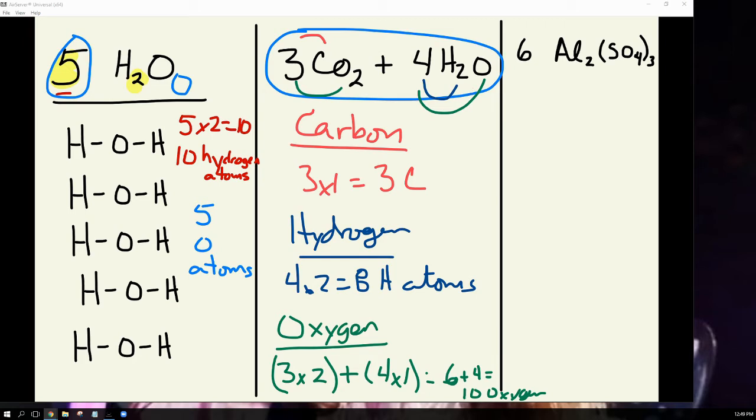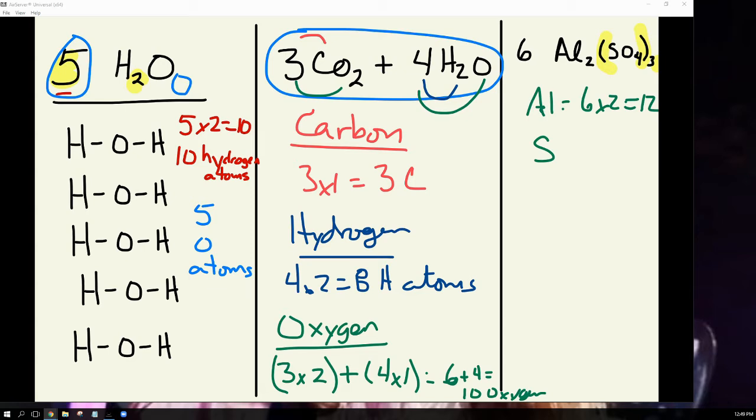Same idea over here. I'm going to probably do less writing over here now. For aluminum, I'm going to do 6 times 2 equals 12. I have 12 aluminum atoms. I have sulfur. Okay, so here's something a little bit new. Notice that we have sulfur inside these parentheses. The way we're going to deal with those parentheses is we're going to just multiply again. So this 3 means I have 3 sets of the SO4.